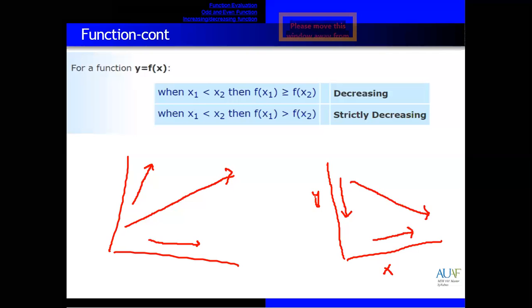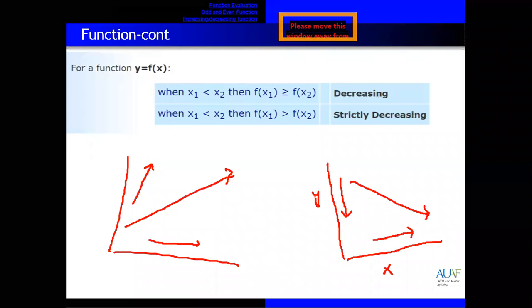Decreasing function: when one variable increases, the other decreases. That's a negative relation. Like when monthly fees increase, the number of students decreases. Quantity demanded and price: if price is increasing, quantity demanded is decreasing.